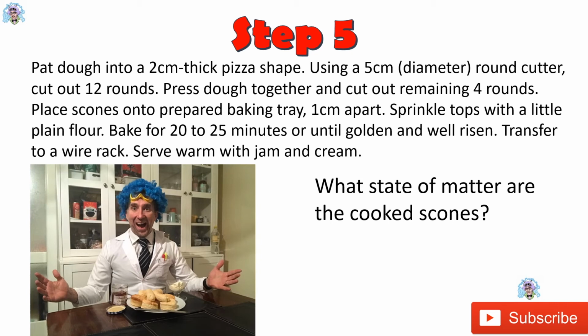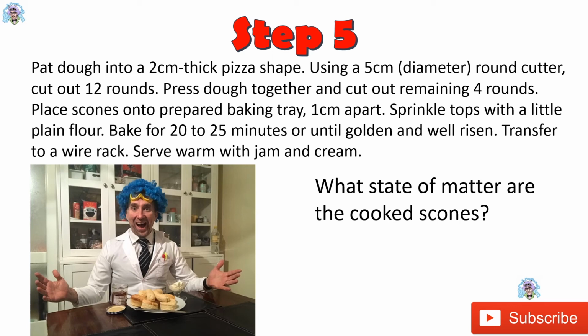I did this and my cup was a little bit bigger than 5 centimeters, probably around 7 or 8, so I only got around 8 or 9 scones cut out. Press the dough together and cut out the remaining 4 rounds. So any dough that you've got left over, make some more scones from that.